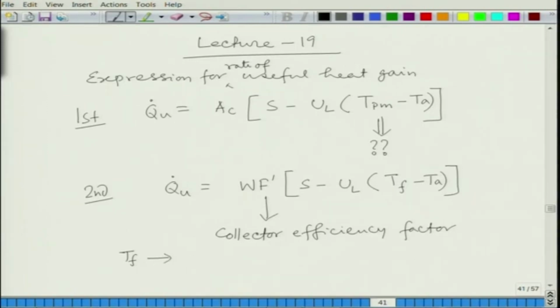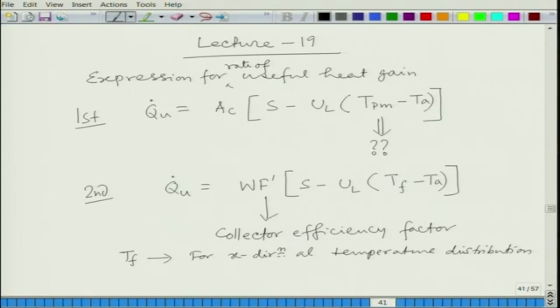We assumed an x directional temperature distribution, and that this TF is known at a particular location in the pipe, and that is how we express the useful heat gain by this expression.